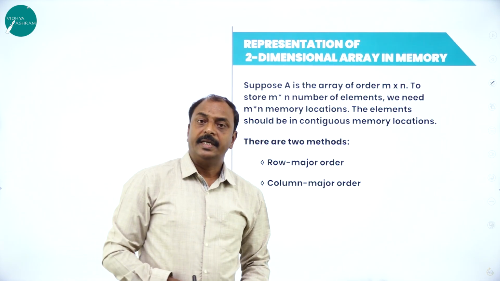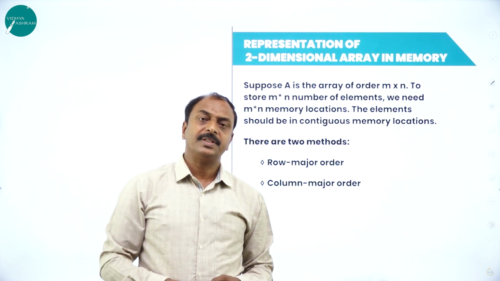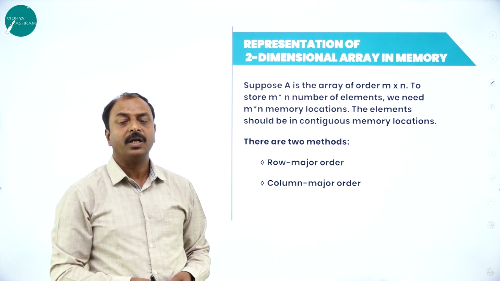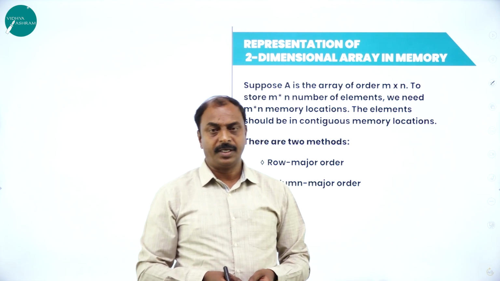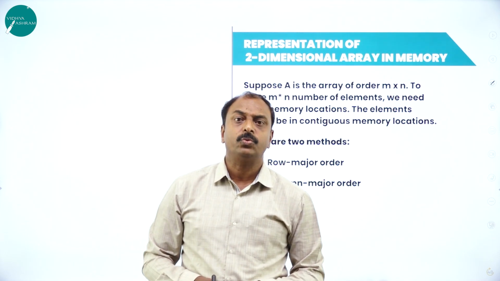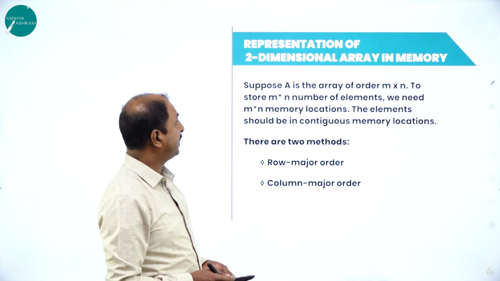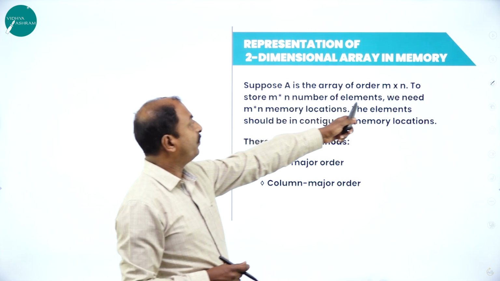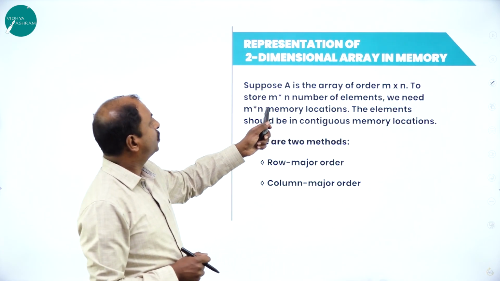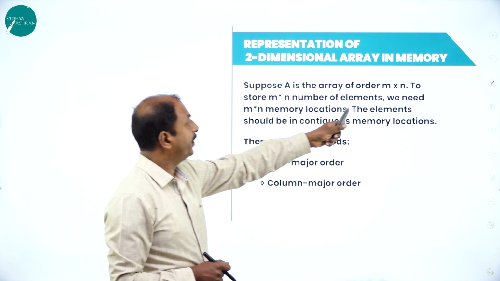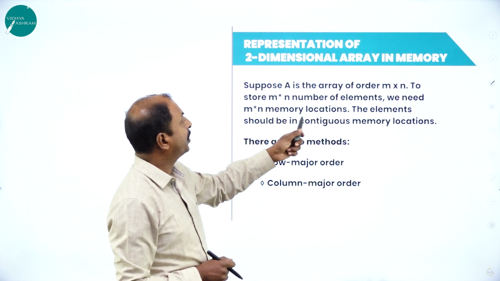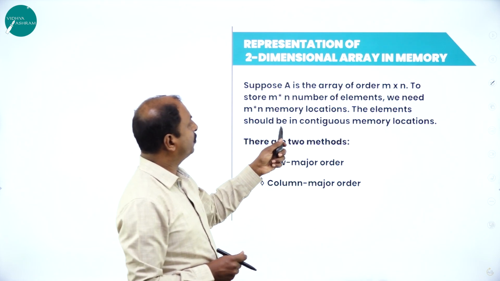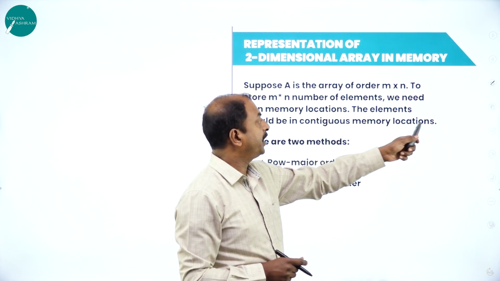Now let us see how the elements are arranged in computer memory for a two-dimensional array. In this example, suppose A is an array of order m into n. To store m into n elements, we need m into n memory locations. The elements should be in contiguous memory locations.